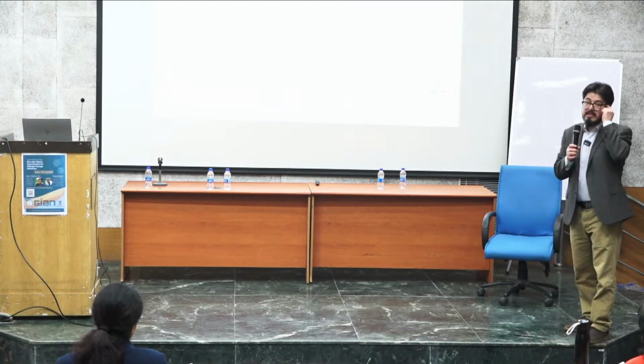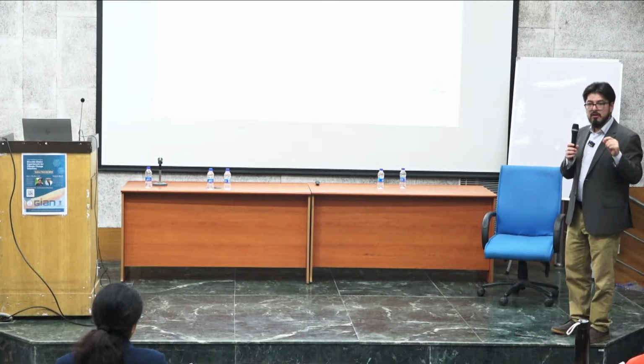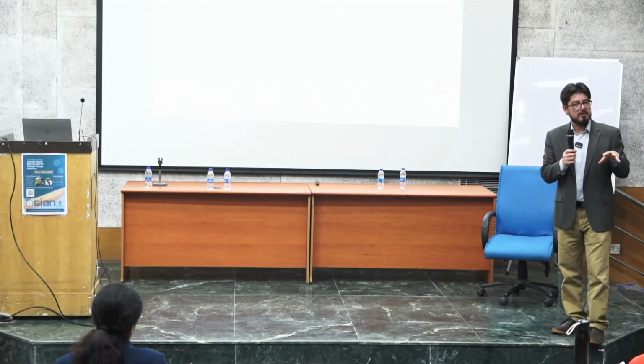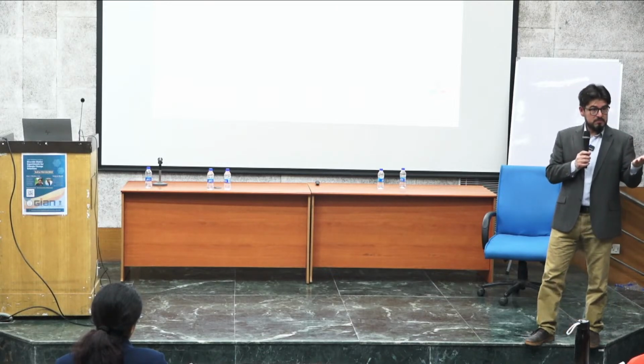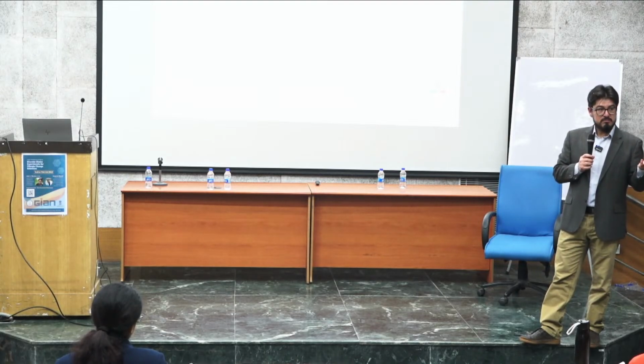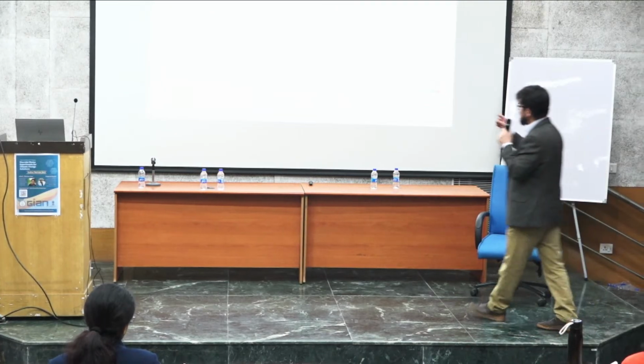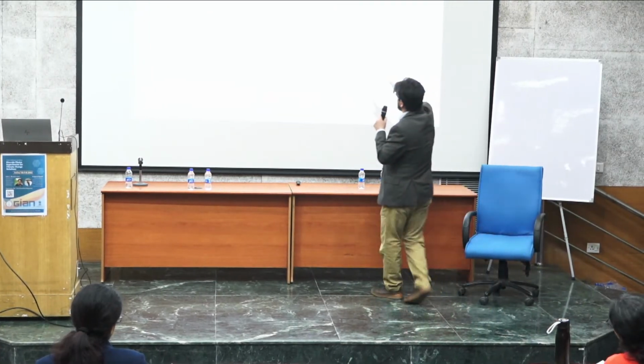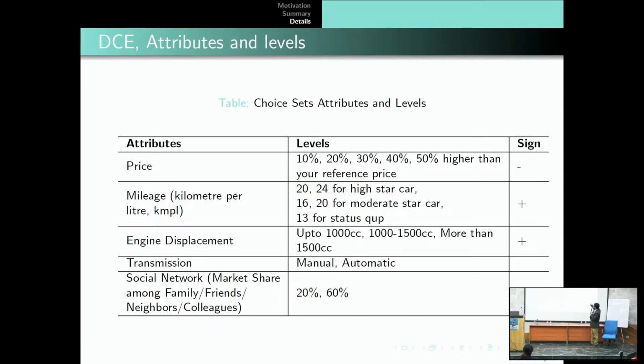Now, we did something very innovative that I really recommend you keep in mind. For those of you who already know impact evaluation, you might know the discontinuity design. Well, what we did was the following. When we presented people with the high star label, we varied mileage between 20 and 24 kilometers per liter.